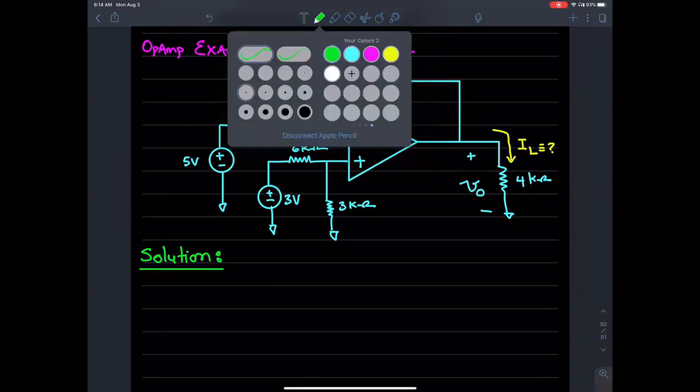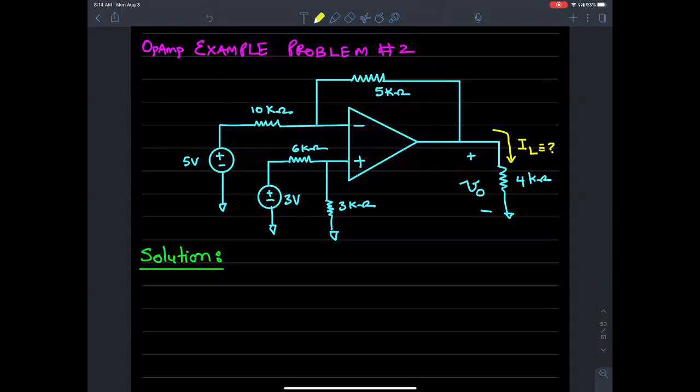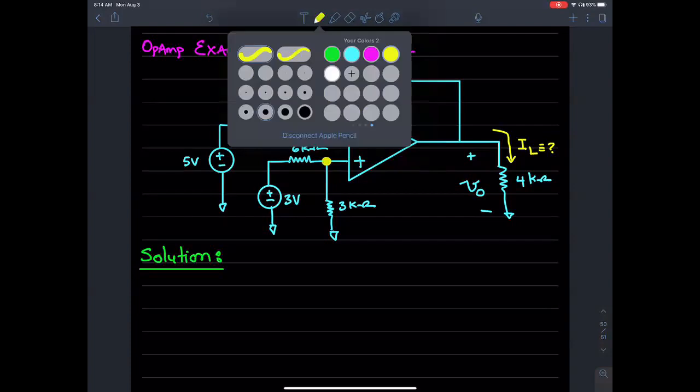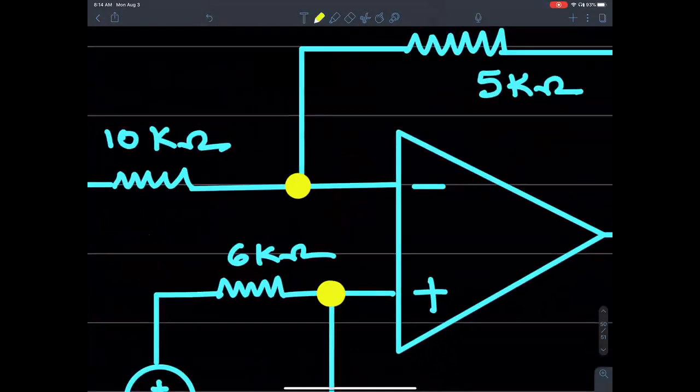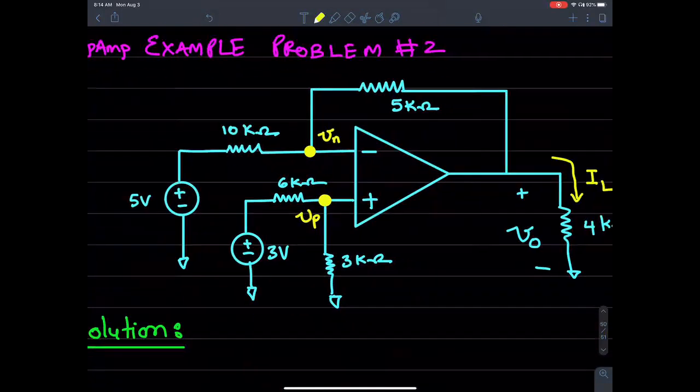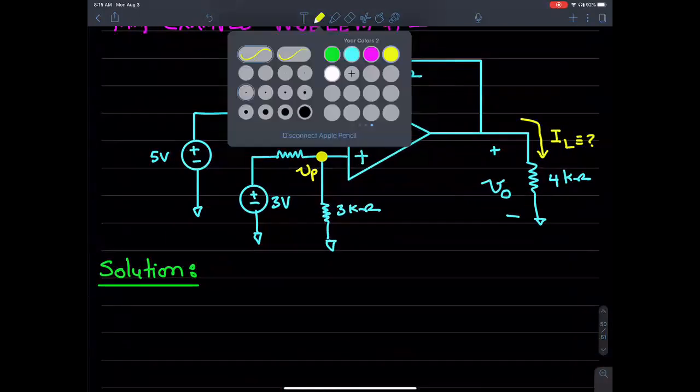Okay. First, let me annotate Vn. This guy is Vn. This guy is Vp. Okay. So let's begin at Vn.